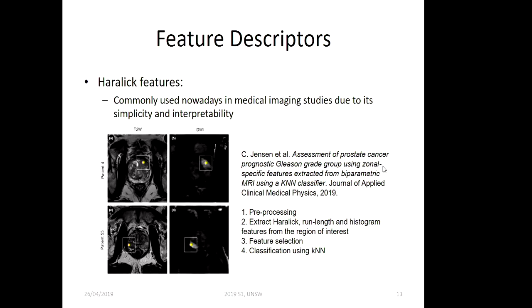And even now, some journal papers published this year are still using this technique, and it's especially useful for medical images. And this one is MRI. It's especially useful for medical images because many of the studies are done for the doctors, and the doctors prefer to have some understanding about why the computer has interpreted these images in this way.